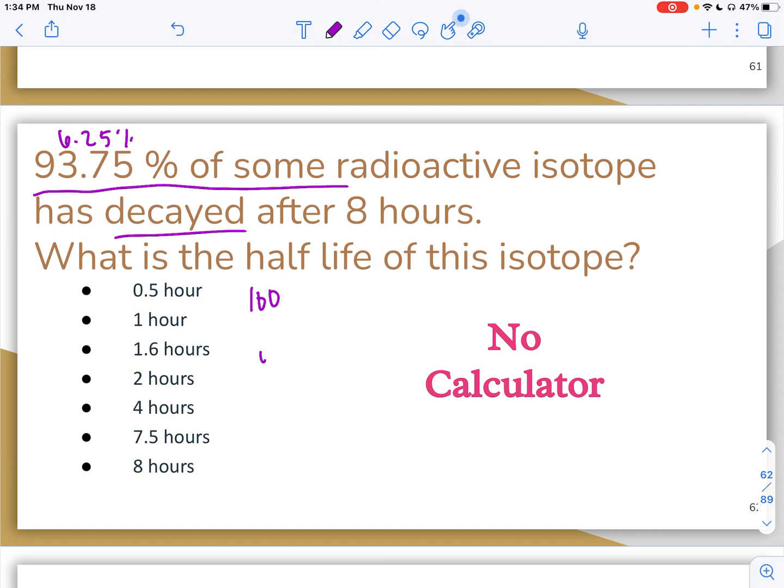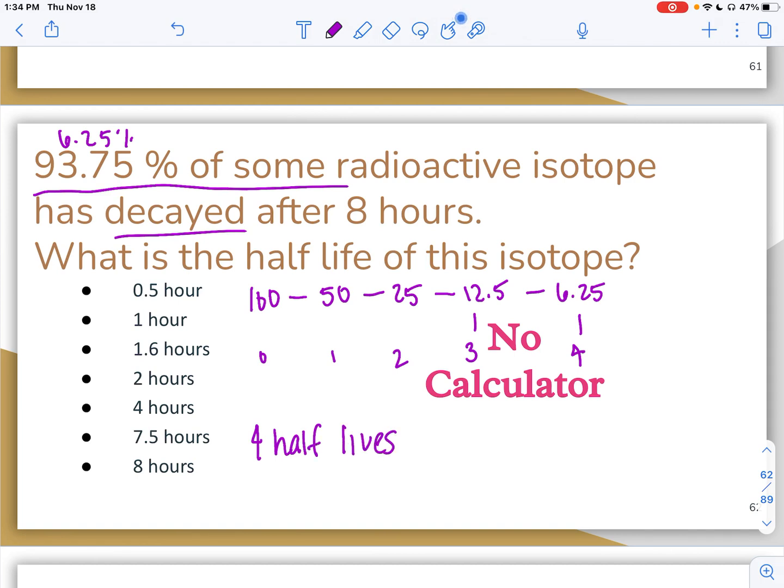This will be 0 half-lives. If we take half of that, this will be 1 half-life. Then we go to 25, that's 2 of them. 12.5, 3. 6.25, 4 half-lives. So we know that 4 half-lives have passed. If 4 half-lives are 8 hours, that means each half-life is 2 hours. So that's the answer here.